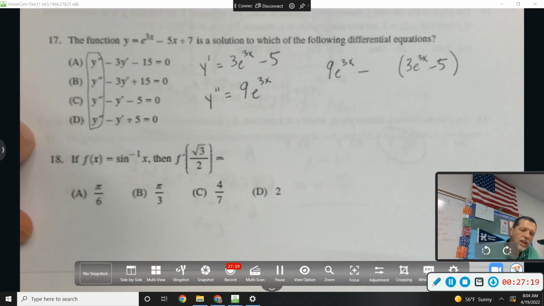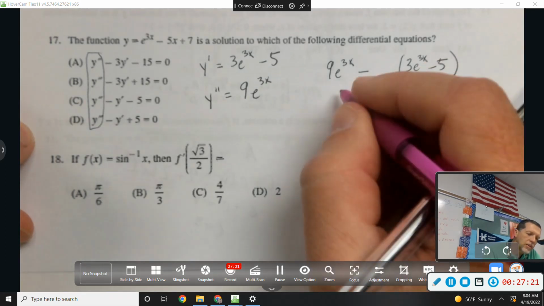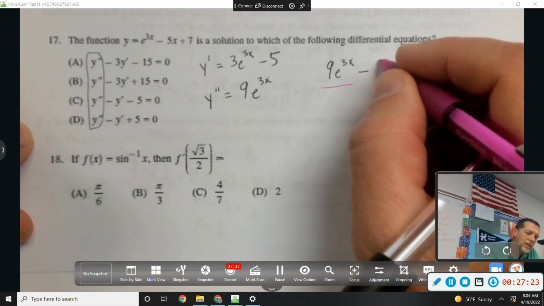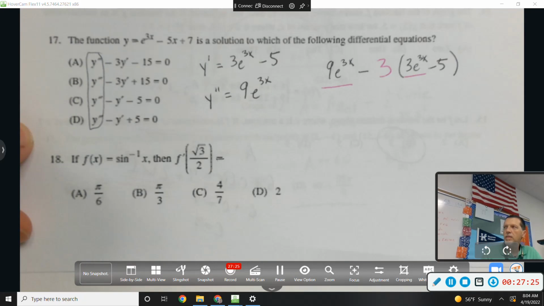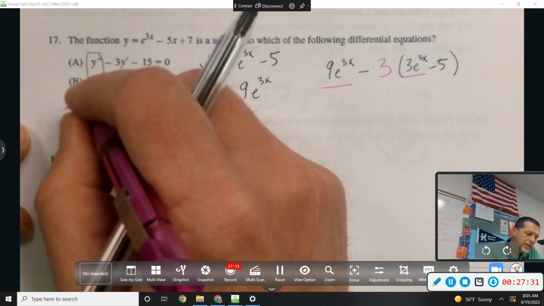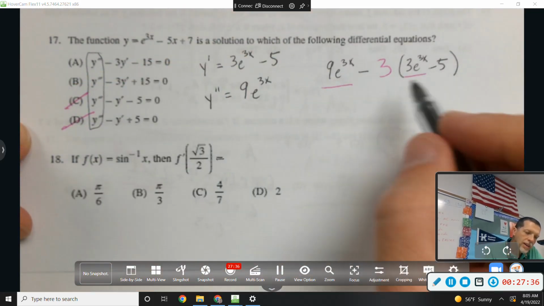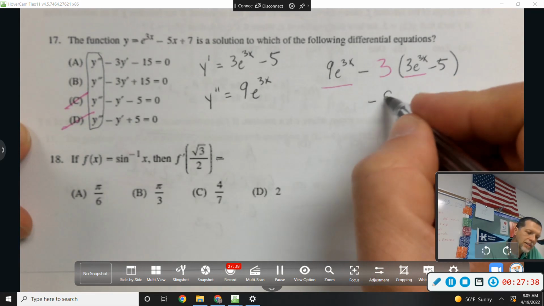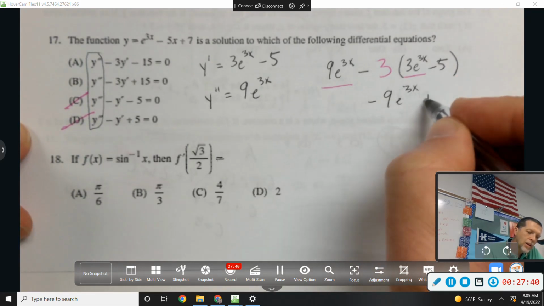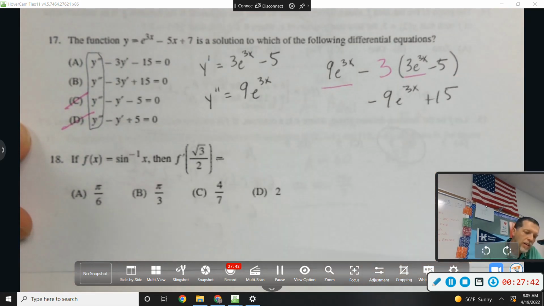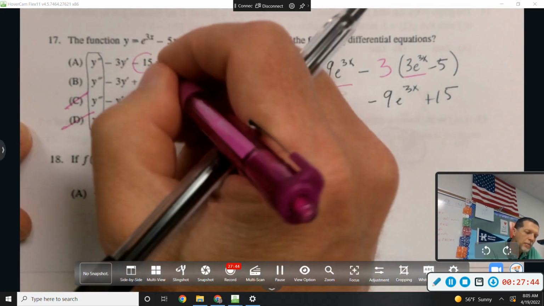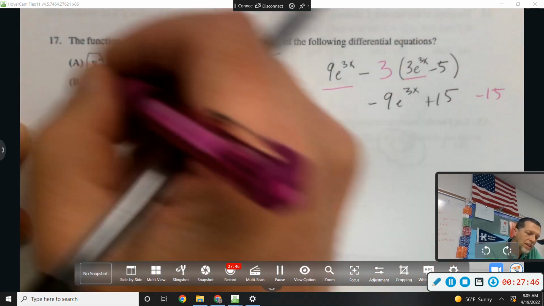Well, if I want the e to the 3x's to go away, I need a 3 right there. So I can throw out c and d. And then I've got minus 9e to the 3x plus 15. So if I want it to equal 0, I need that minus 15 on the end. So it's answer choice A.